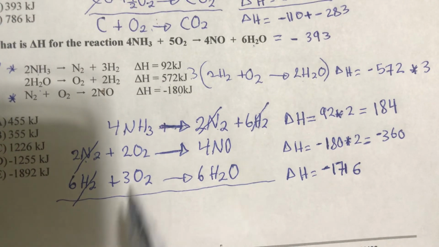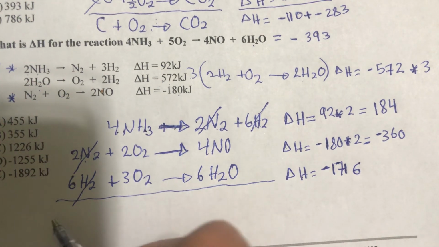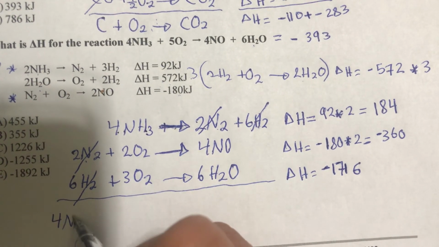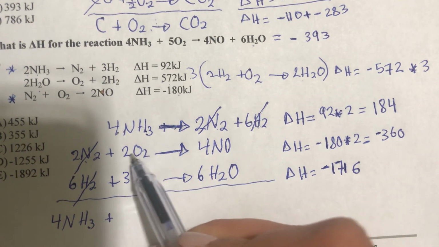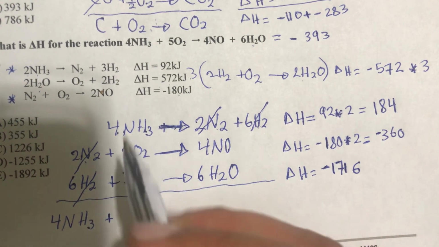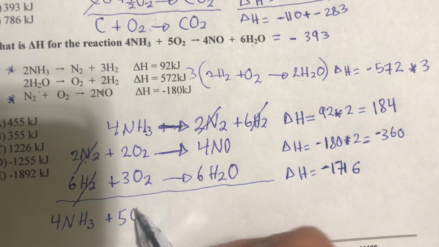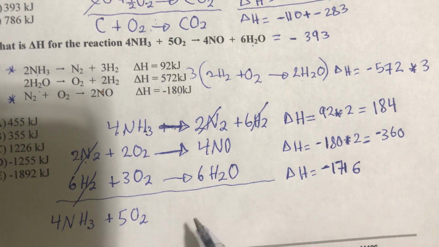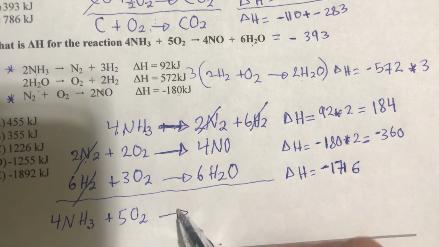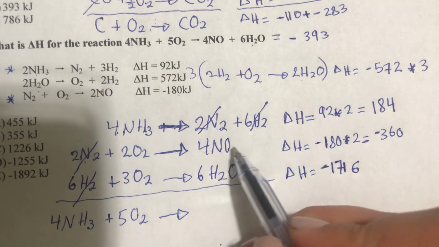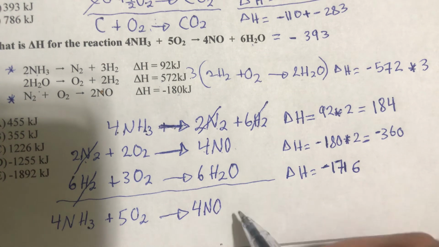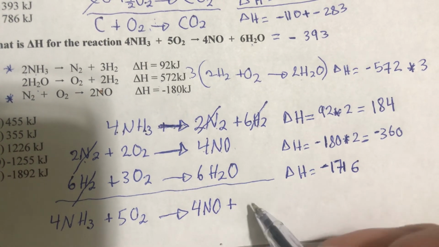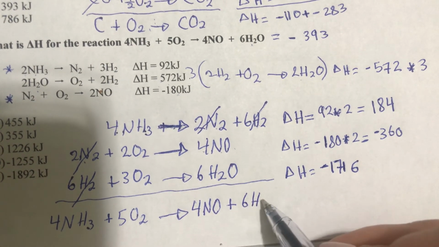So now 4 mole of ammonia plus 2 mole of oxygen plus 3 mole of oxygen, so 5 moles of oxygen produced 4 mole of nitrogen monoxide plus 6 mole of water.